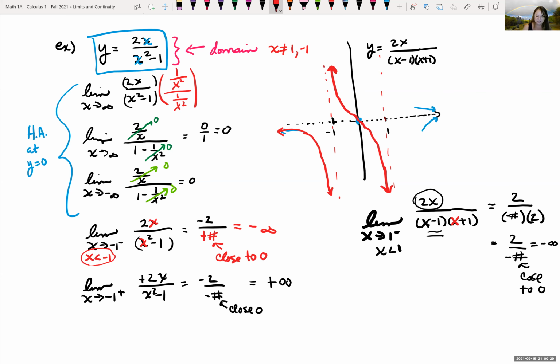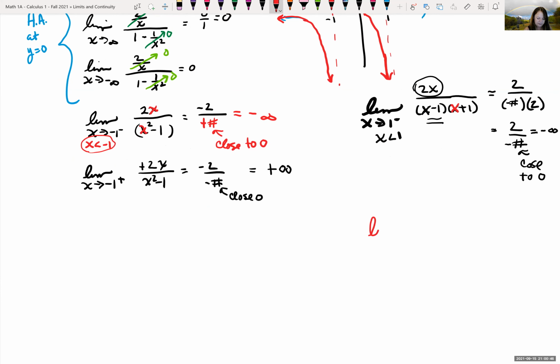So the limit as x is approaching 1 from the right-hand side. Okay, so the limit as x is approaching 1 on the right-hand side of 2x all over x minus 1 all times x plus 1.